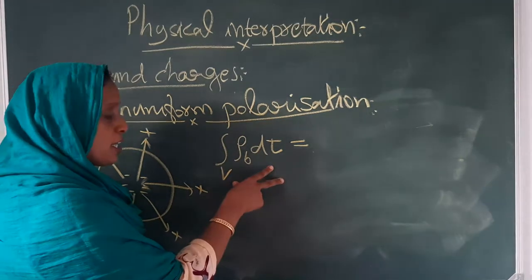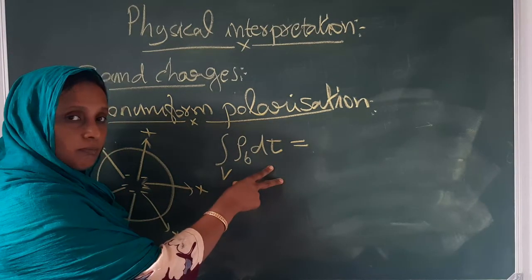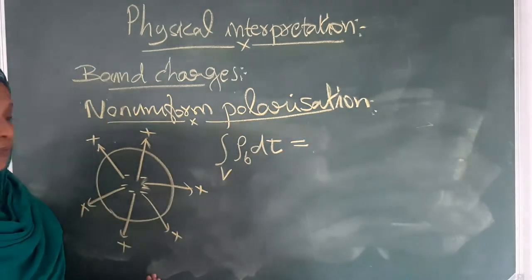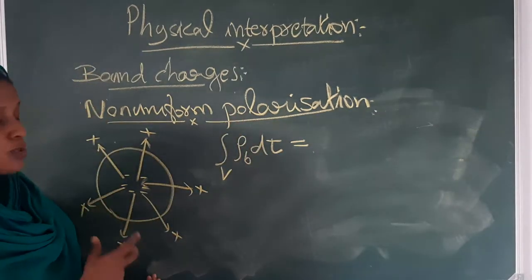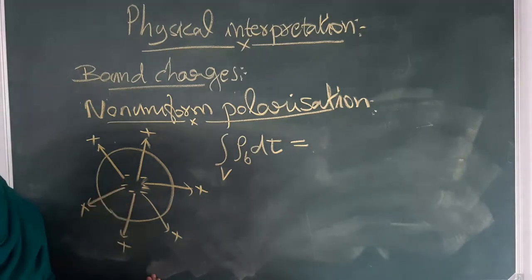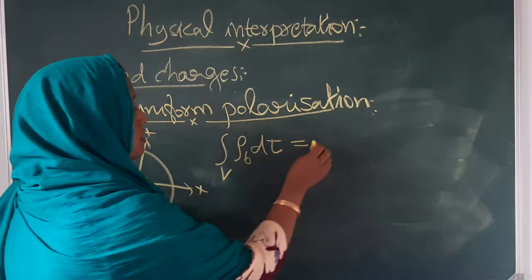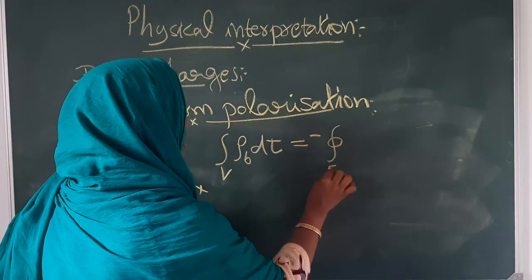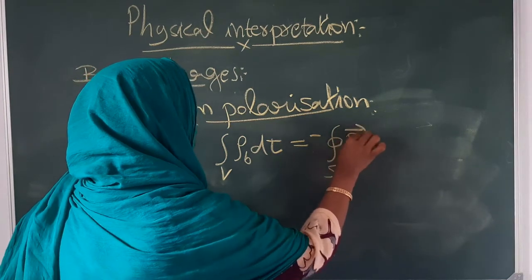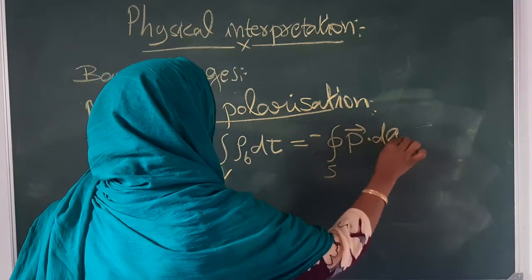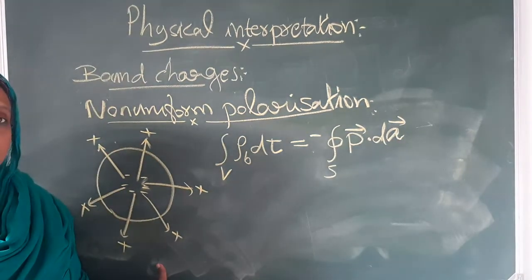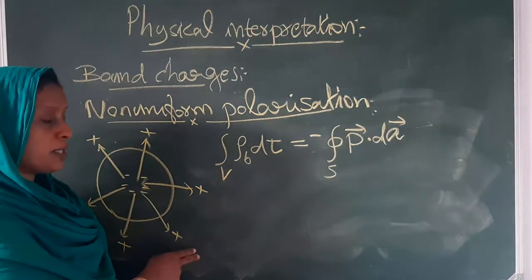This should be equal and opposite to the charge which is moving out of this body. That means this is equal to minus the surface integral of P dot dA.